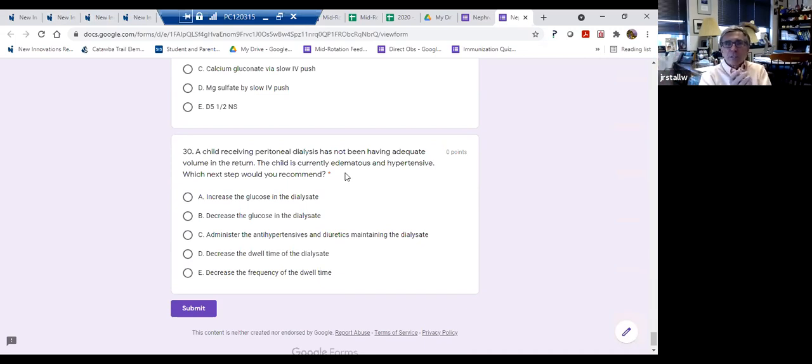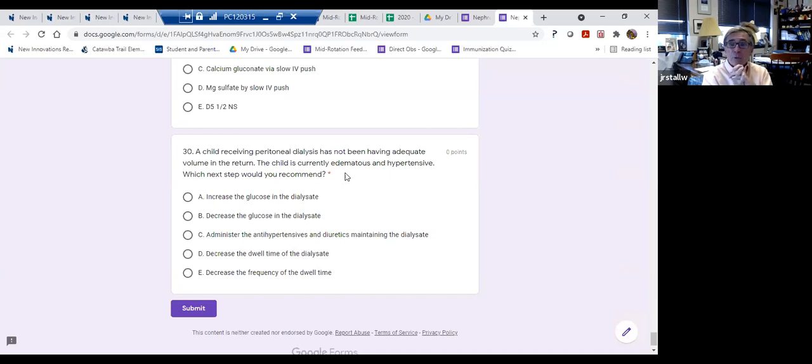It equilibrates. So if you increase the glucose concentration and you have a serum glucose of, let's say, 90, and you increase the glucose concentration in your dialysate to 250, it's going to pull water to try to make that 250 drop to equilibrate with that 90. You see what I'm saying? So the answer is increase the glucose in the dialysate.